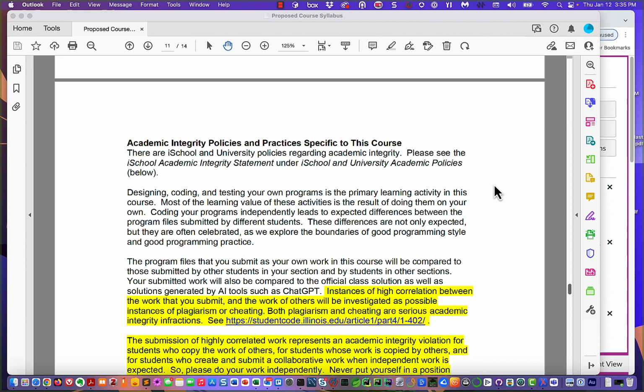But in a class where there are 2 labs a week where you can come and ask any question that you want and show your code and get help, there's no reason that you should be copying from anybody or allowing other people to copy from you. And the penalties for violations of the academic integrity policy are stiff. So steer clear of this for sure.